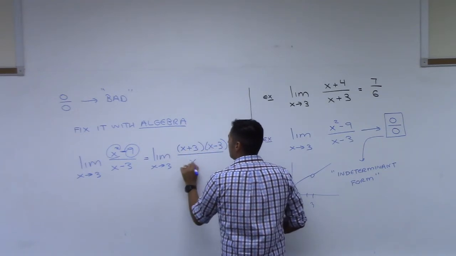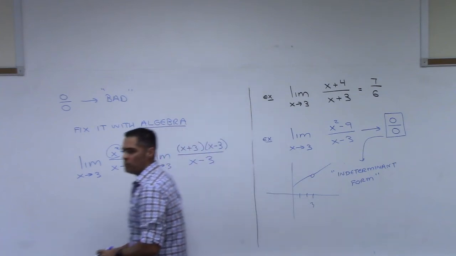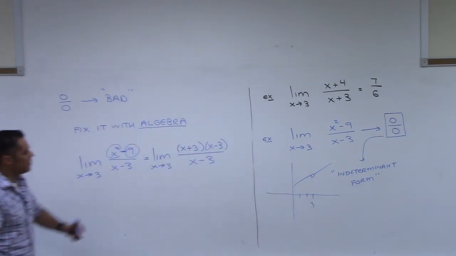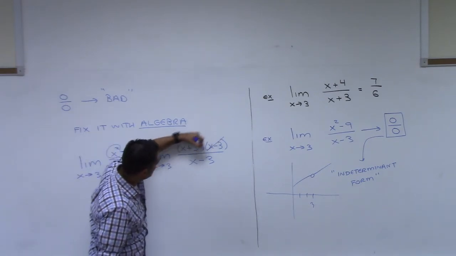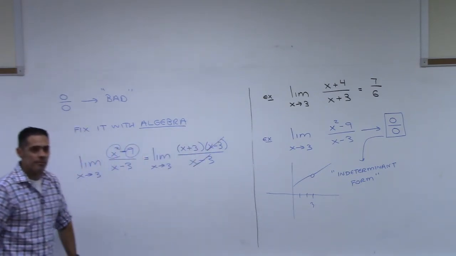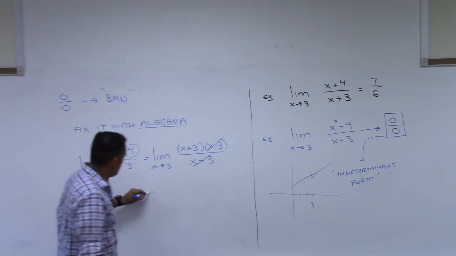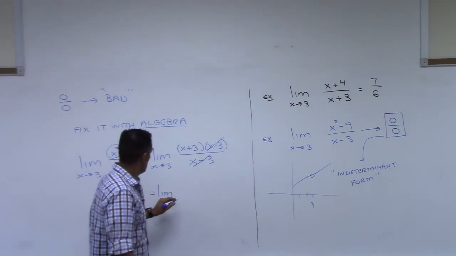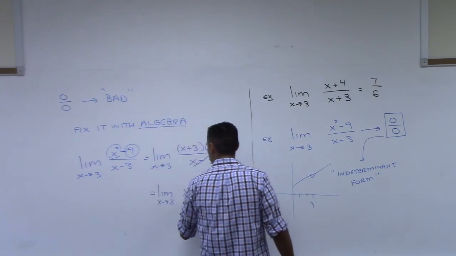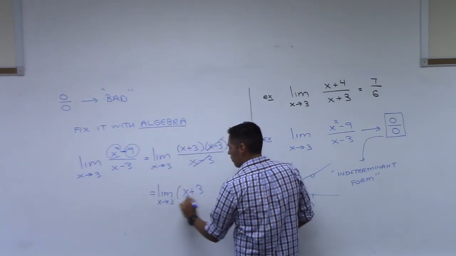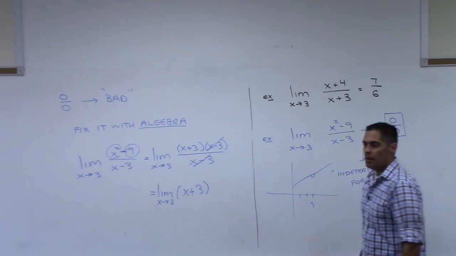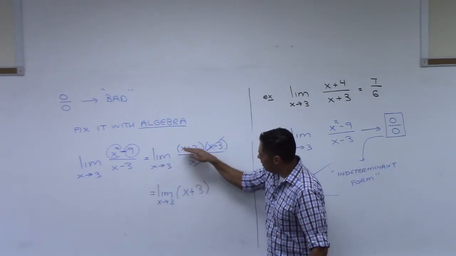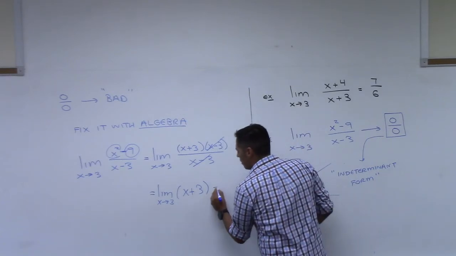And is there anything nice about what just happened if you factor the numerator like that? Yep. You can cancel that x minus 3 factor. See this right here? That cancels exactly with this. And so the only thing left is x plus 3. Notice I just bring the limit with me. I cancel this algebraically and I get this. Now what happens if you let x go to 3 there?